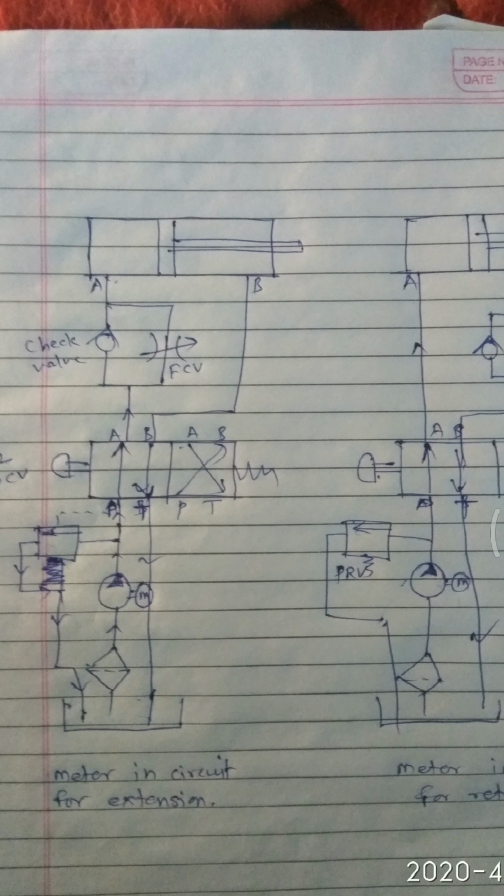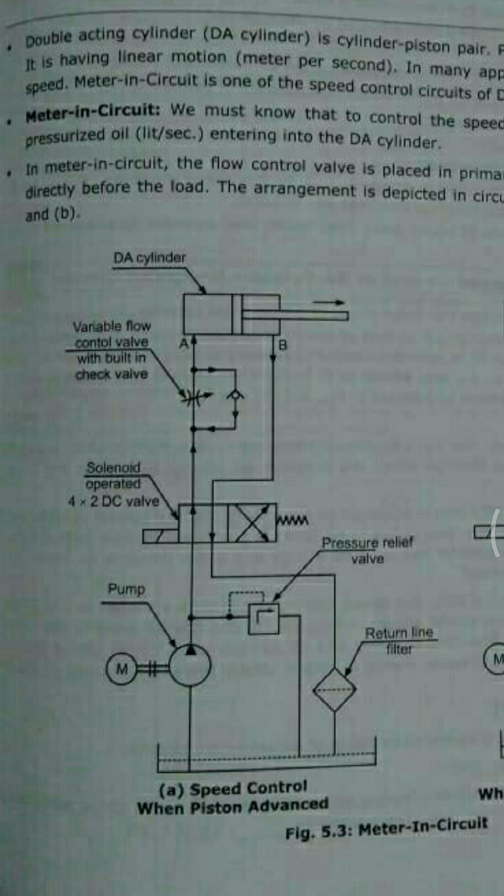Now this is the 4 by 2 solenoid operated direction control valve. From the pump, the fluid is pumped into the direction control valve. Position number 1 is there. From position number 1, fluid is going inside the flow control valve. It is not going inside the check valve. You can see the arrow of the check valve is upward.